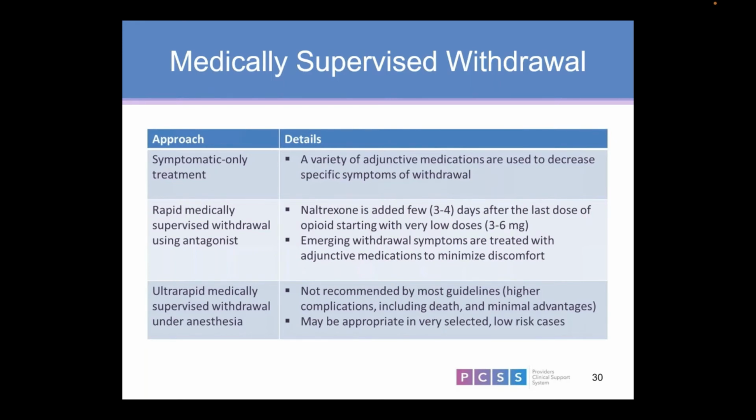Or you can do more rapidly supervised withdrawal, and that sometimes is starting to add naltrexone along with symptomatic relief to just push this a little faster and get people into a full withdrawal state more quickly.